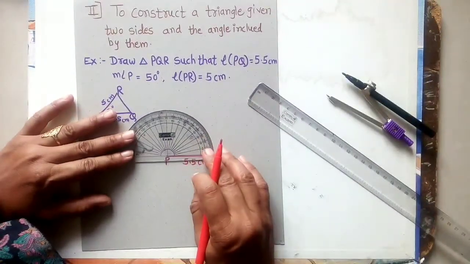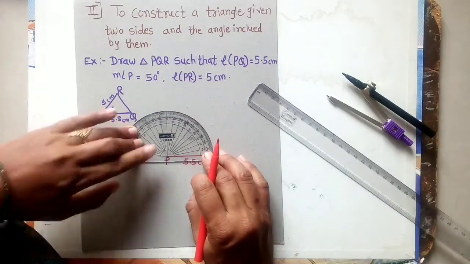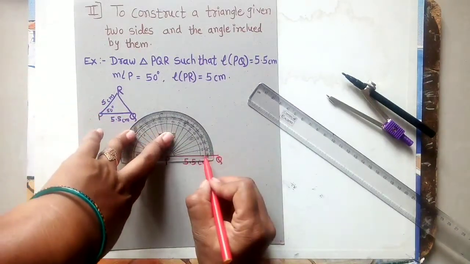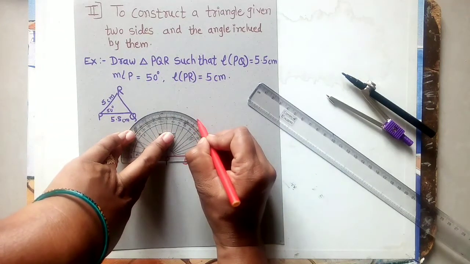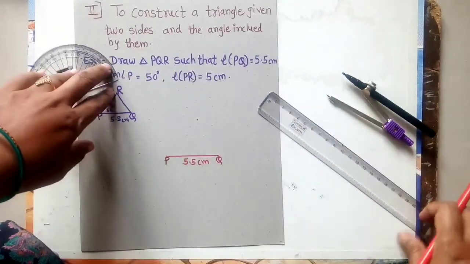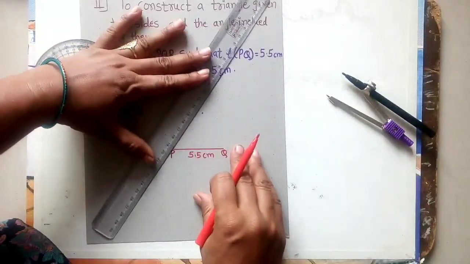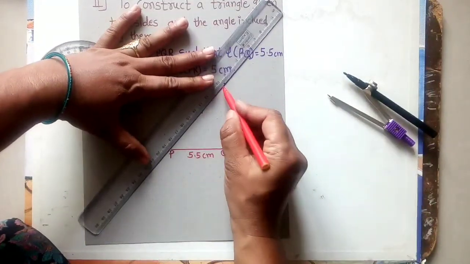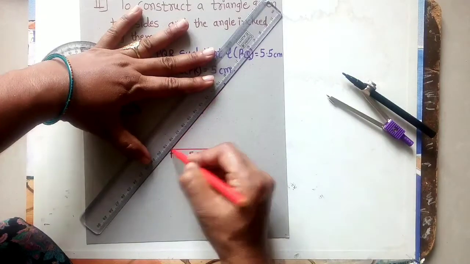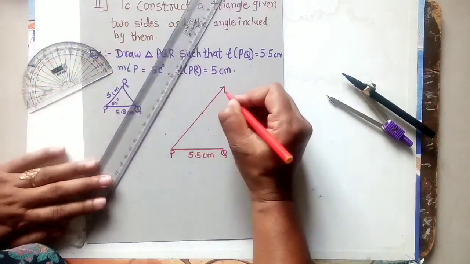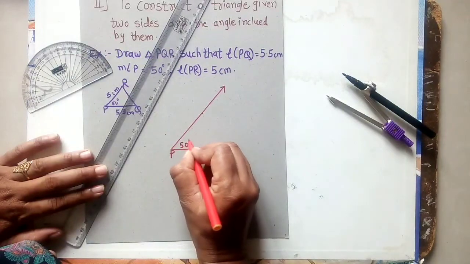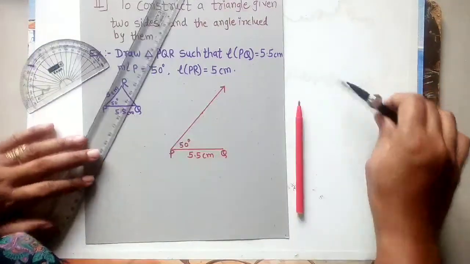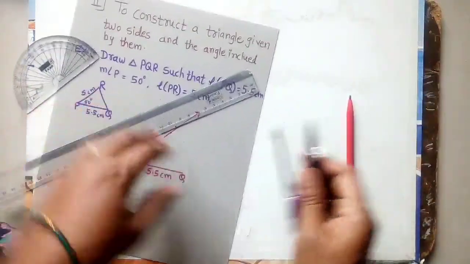Since angle P is a measure of 50 degree, draw ray PG of 50 degree using a protractor. Ray PG is drawn so that measure of angle GPQ is 50 degree.